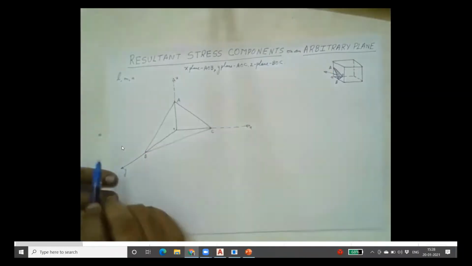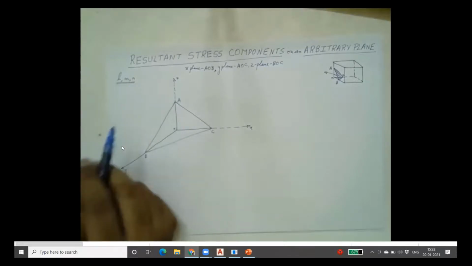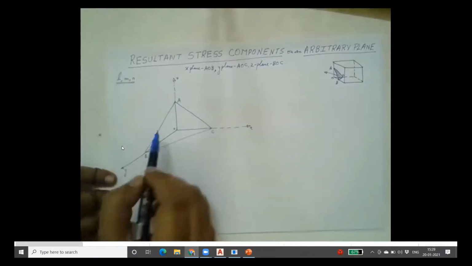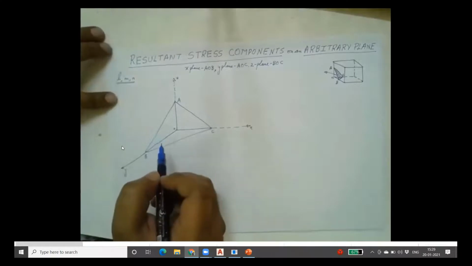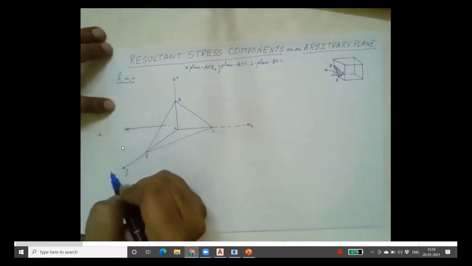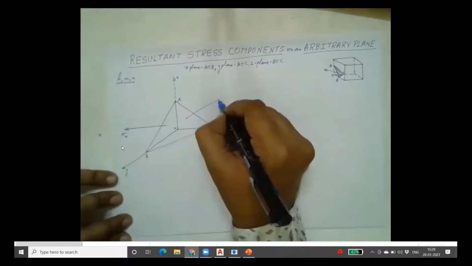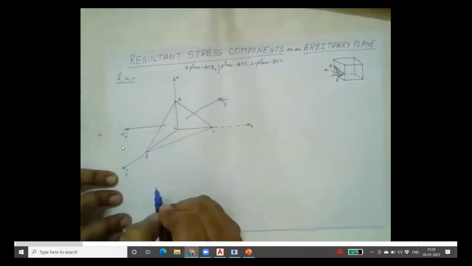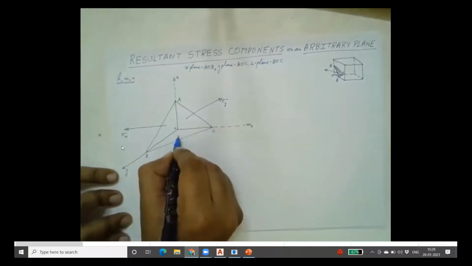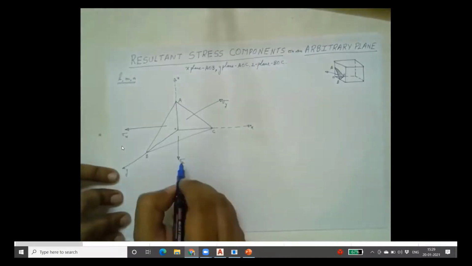So for these three planes, I have considered L, M, N as the direction cosines which are normal to these planes. Now there will be a stress developed in the x direction normal to the x plane. This is sigma x, and to the y plane there will be a normal stress sigma y, and normal z stress sigma z. Now these are the three normal stresses.